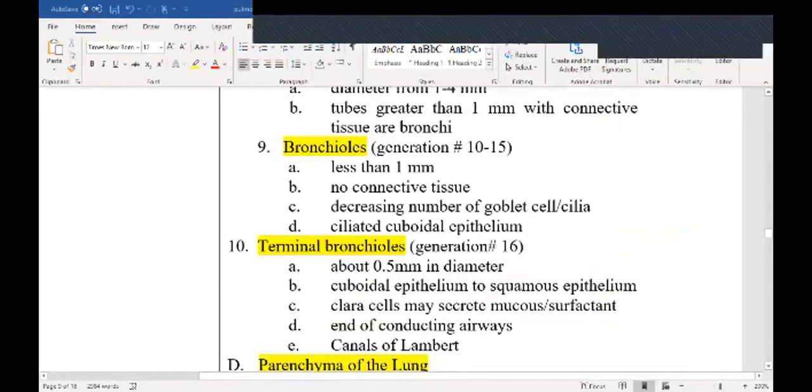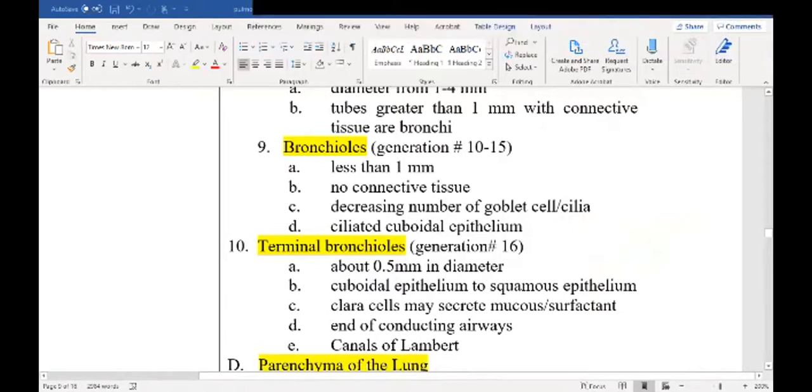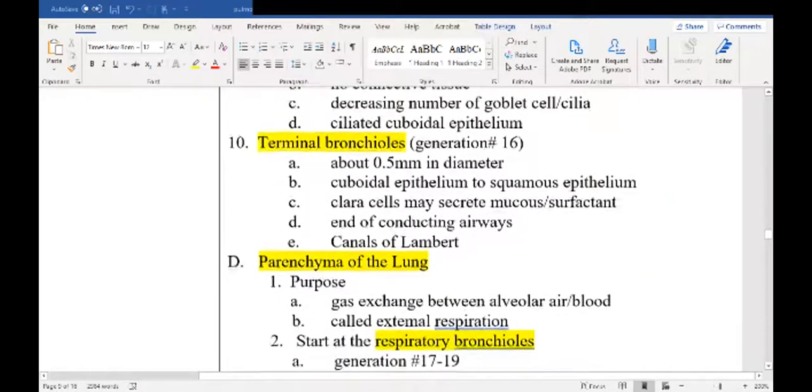The communication between the bronchiole and the alveoli is at a place called the Canals of Lambert.